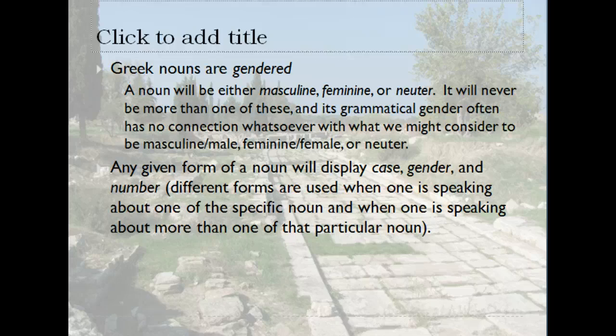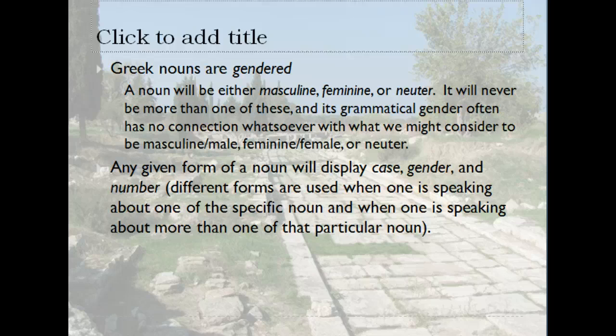But many modern languages do. So if you're familiar with Spanish or French or German, you are familiar with the concept of nouns having grammatical gender. In some instances, the decision to allocate a particular noun to one gender or another makes sense based on the meaning of the noun.